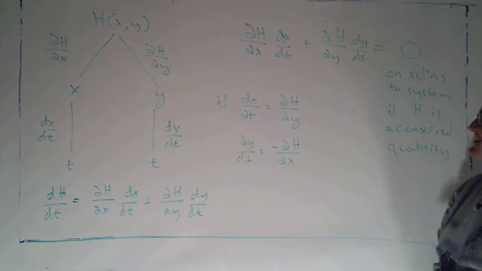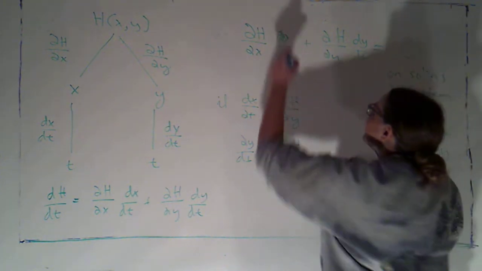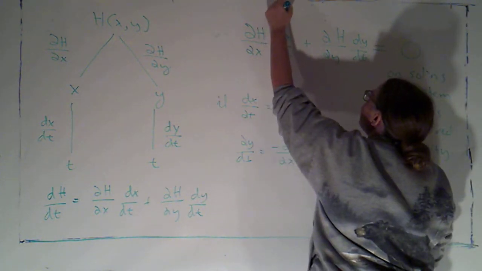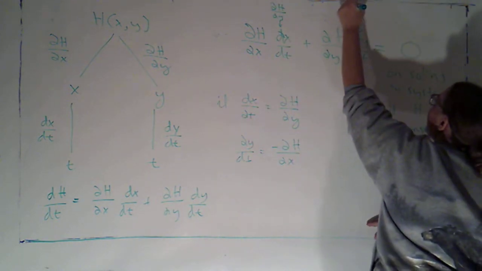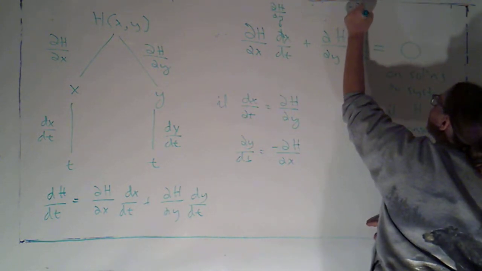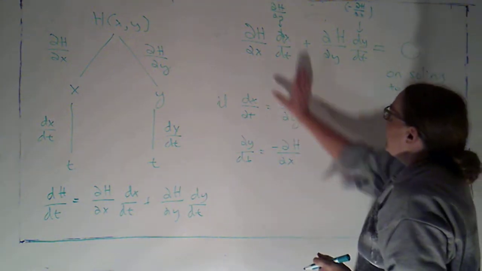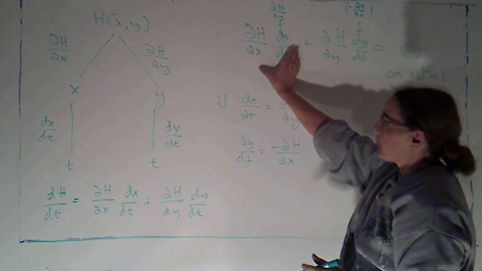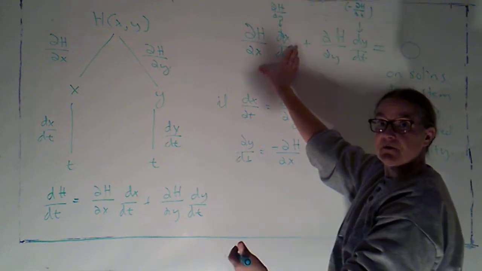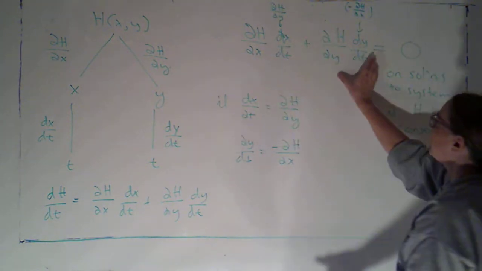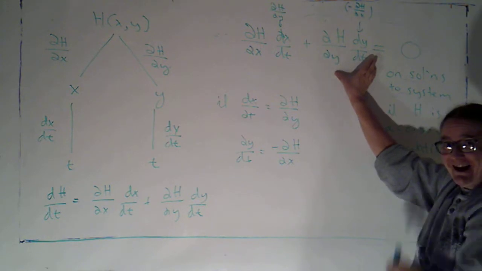But what I've just done, by making this thing equal to the partial of h with respect to y, and this thing the opposite of the partial of h with respect to x, I've made this first thing the product of the two partials, partial of h with respect to x times the partial of h with respect to y. Here, I've just made it the opposite of that product.